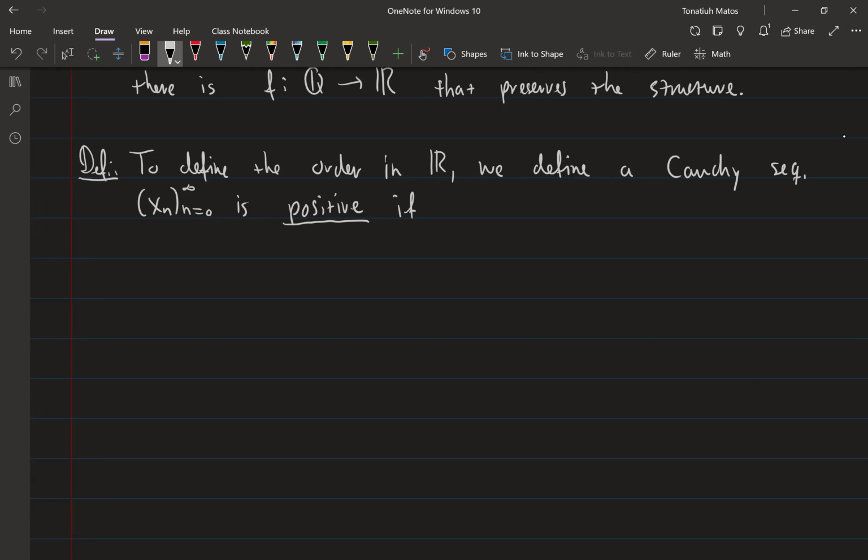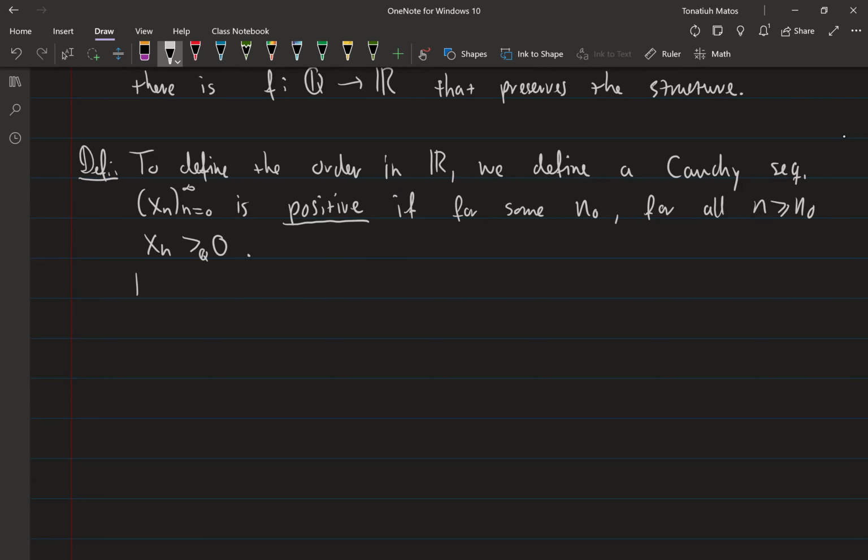So we can say that for some n0, then after a certain point, all of these numbers are positive, right? So for all n greater than n0, xn is just, let's just say positive, as rationals. This is the order of the rationals, obviously, right?